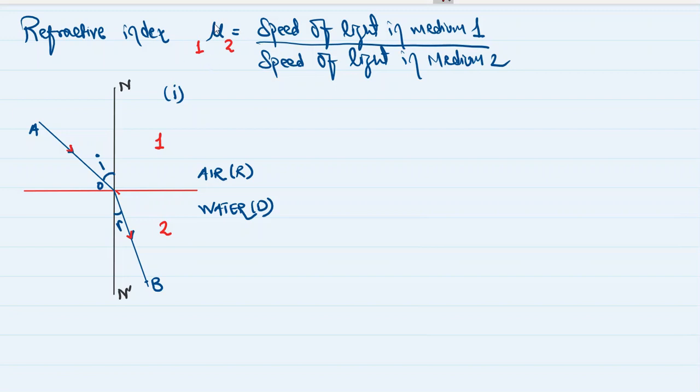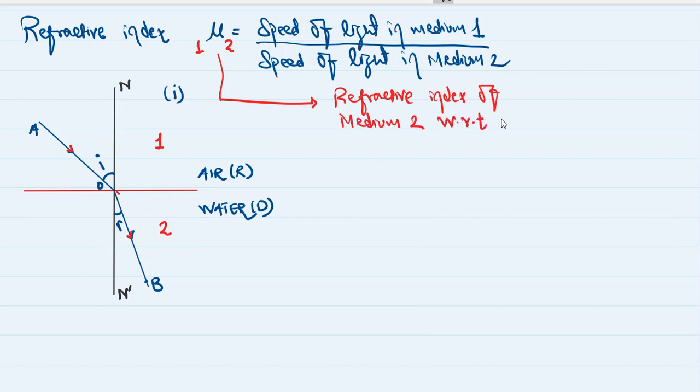So now how to tell this? While we speak, we say that refractive index of medium 2 with respect to medium 1.